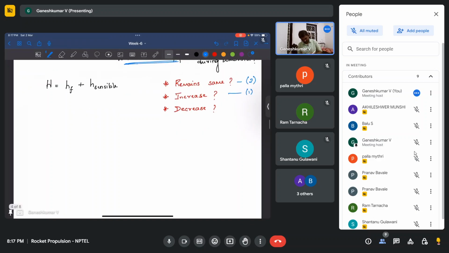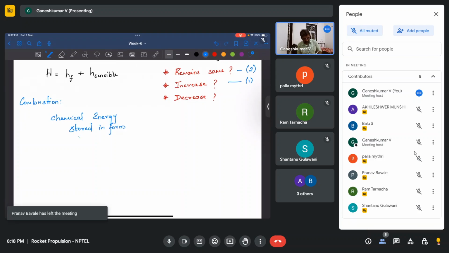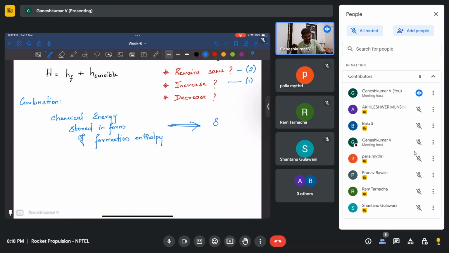During the combustion, whatever chemical energy is stored in the form of formation enthalpy gets converted to sensible enthalpy.